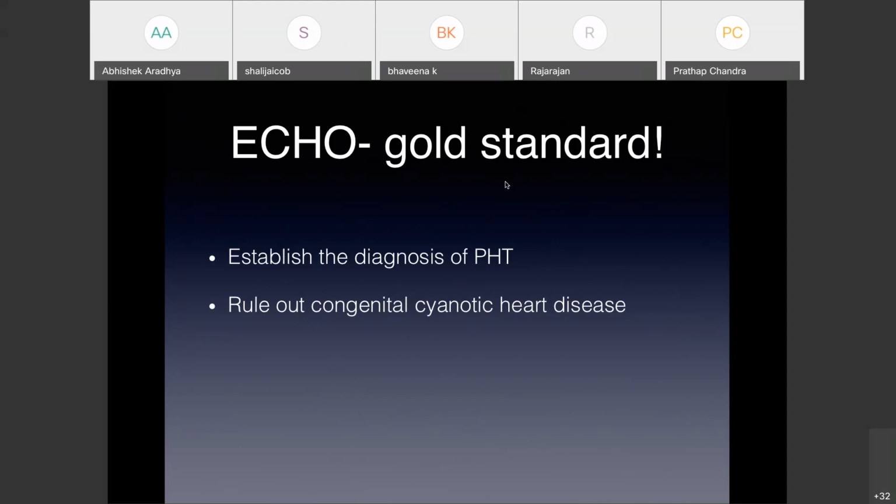You carry on and start treatment with nitric oxide and the rest of it. The baby did not improve after starting the treatment, so it is extremely important that you revisit it. When they revisited, it turned out to be actually a TGA with an intact septum.